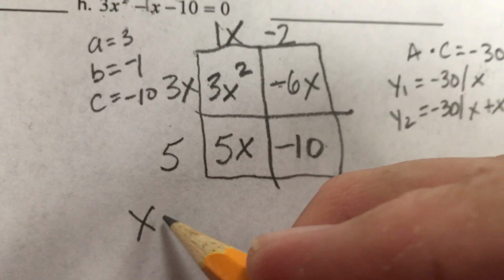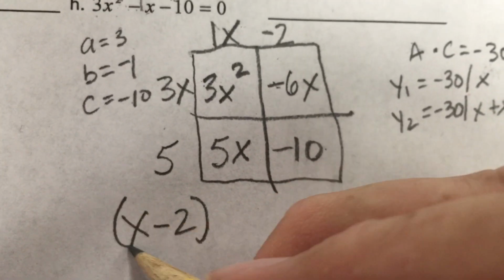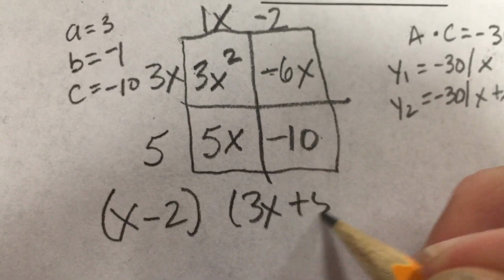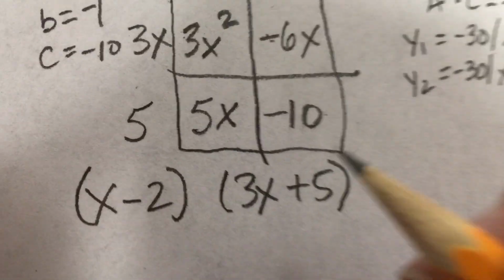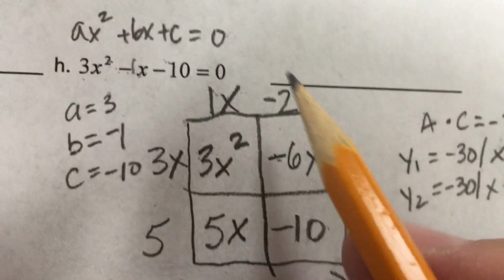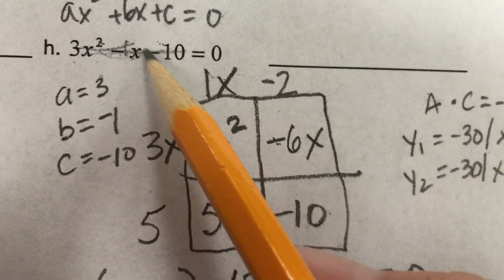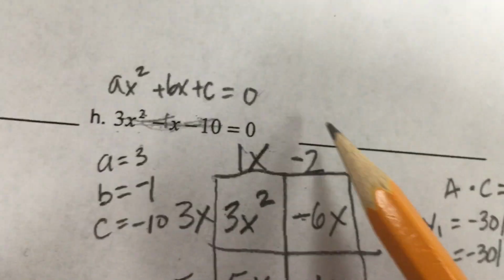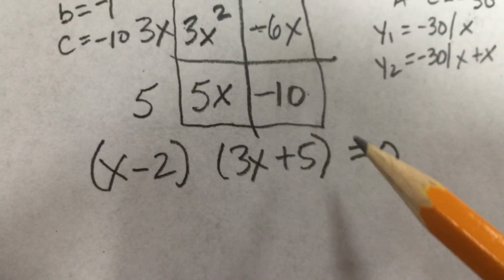So I have the top multiplied by the bottom. And this would equal 0, because all I've done is turn this into this. All right, so nothing changed with the equaling of 0.